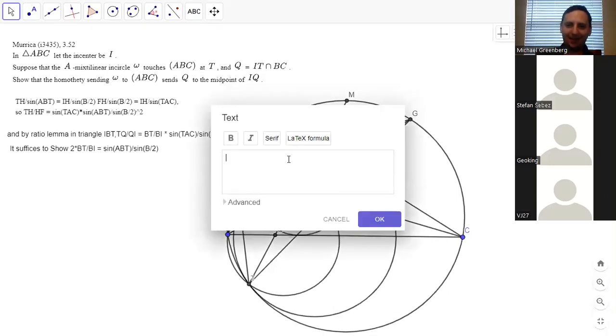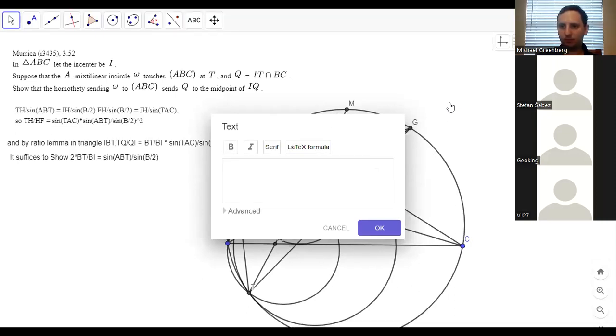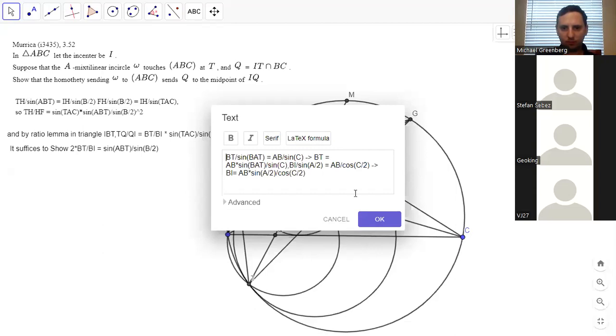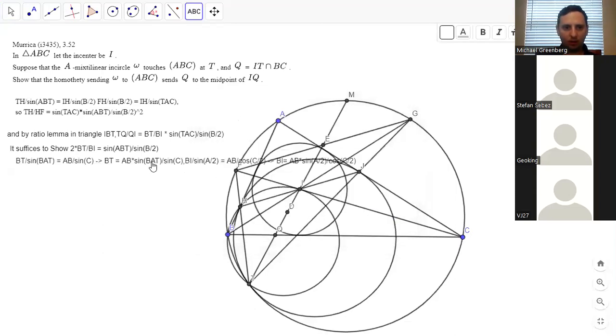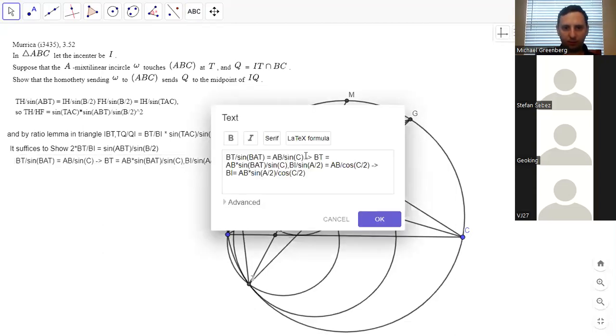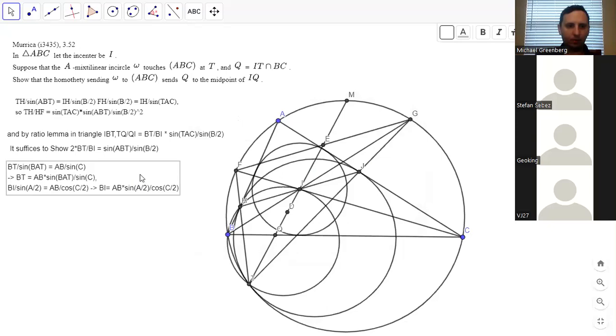So let me, okay, let's copy this. I'm going to space it out a little bit. Yeah, I would LaTeX this up, but we're low on time.